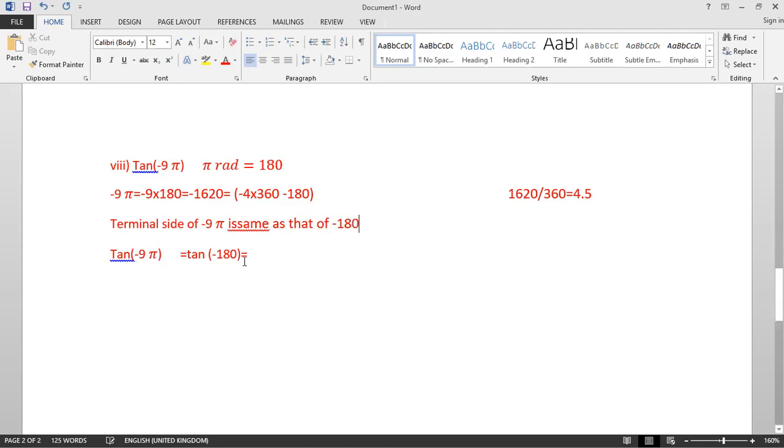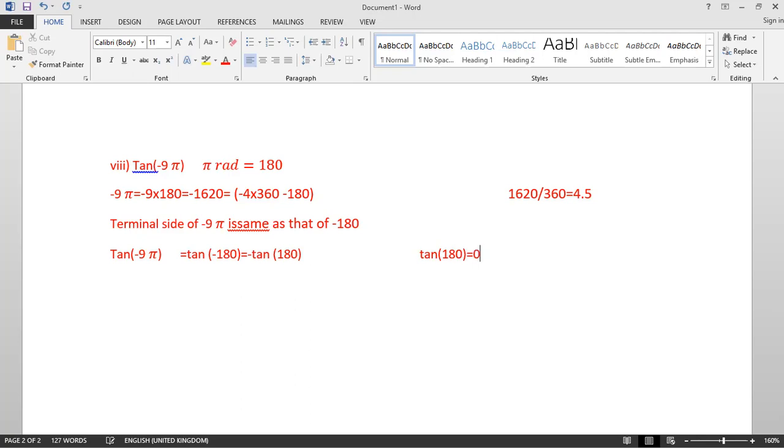So tan minus 180 will be equal to minus tan 180 degrees, and you will have to learn that tan 180 is equal to 0.